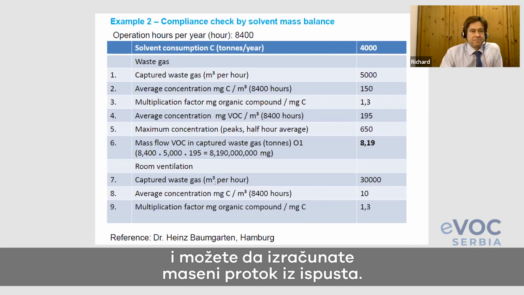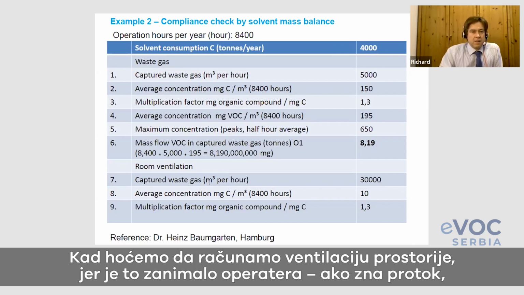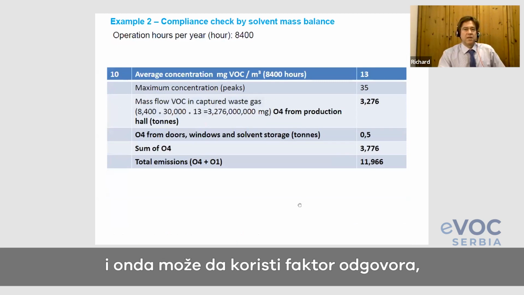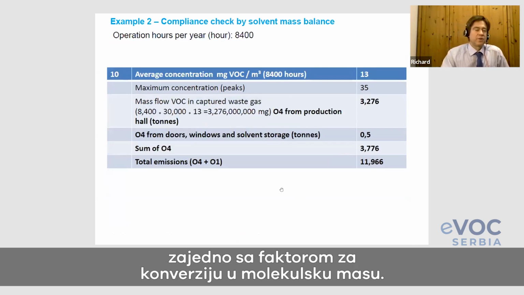And when we want to calculate the room ventilation, because the operator is interested in it, he can use the flow, and you need the average concentration that was measured, and you can use a response factor together with a factor for getting the molecular weight.